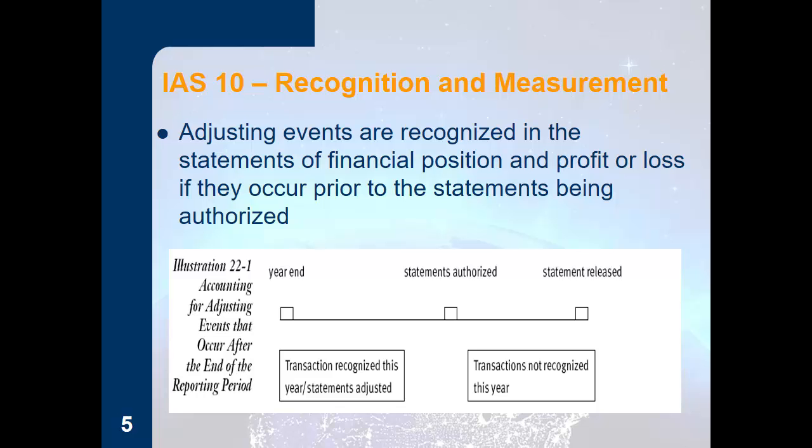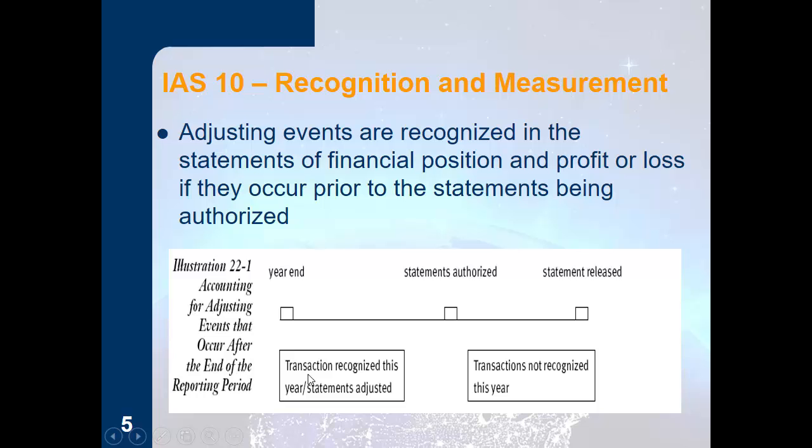This diagram gives us a timeline of how this would all go. So here we have the year end for the company, say December 31st. That time frame happens, and in between here and when the statements are authorized, we have events that occur. When things occur in this period of time that relate to something that existed at the year end, that transaction will be recognized in the financial statements for this year end.